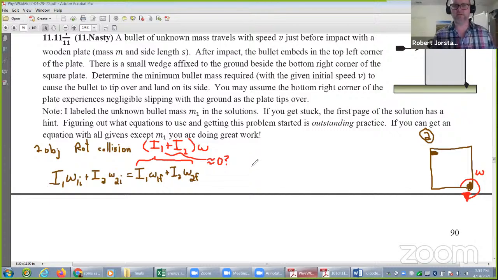All right. Well, what about this term? Do you know any tricks that we could apply for this term? I guess I'm assuming 1 is the bullet, right? Because I said M1 is the bullet. So I'm going to label this. This is object 1. This is object 2.